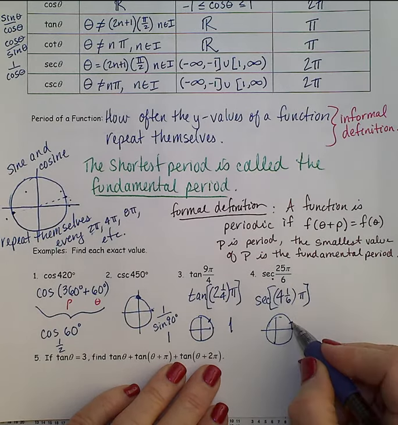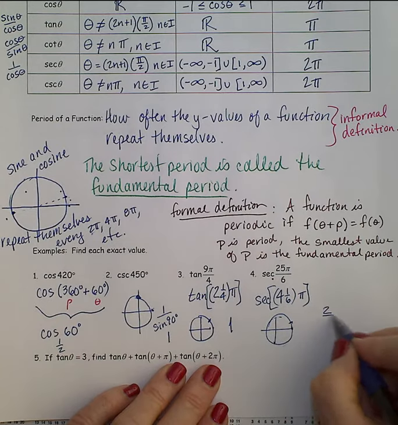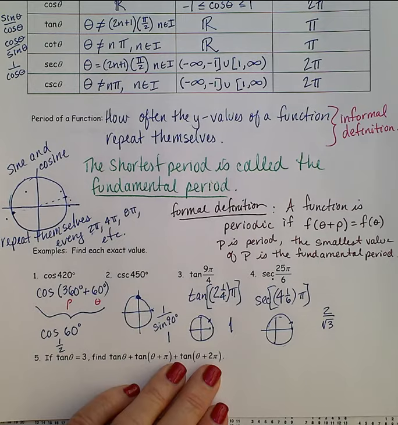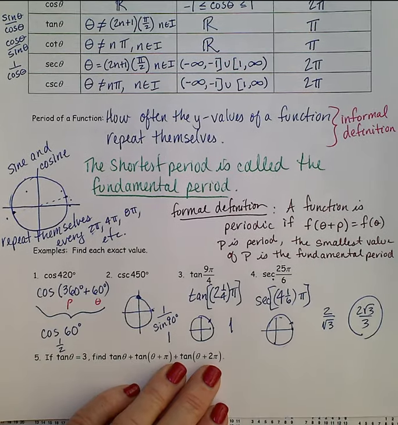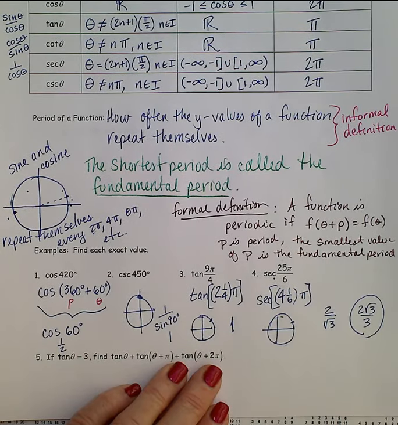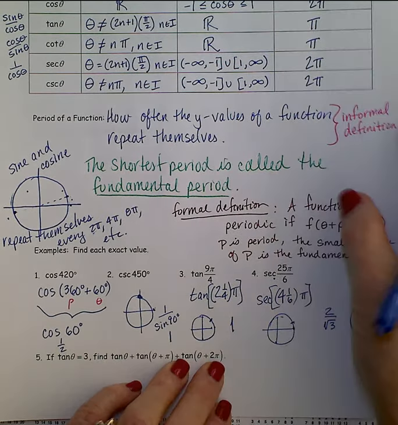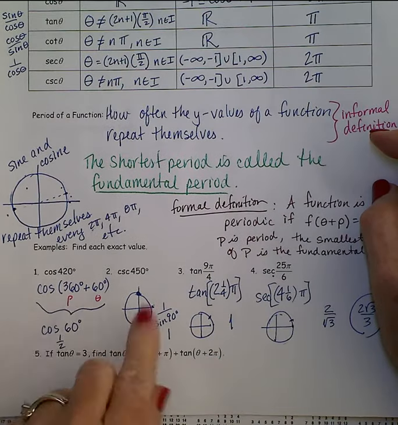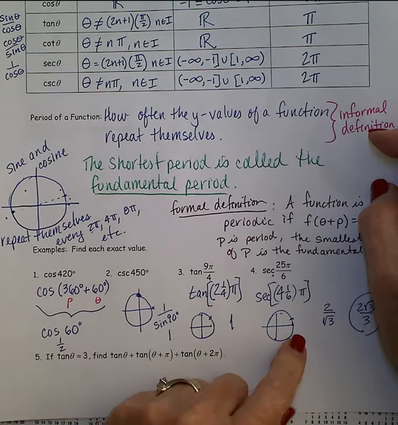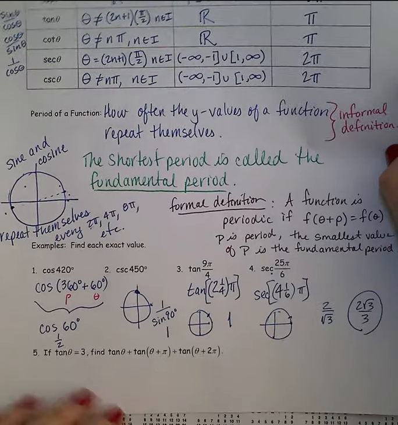Cosine here is square root 3 over 2. So 2 divided by the square root of 3 is the secant. Let's rationalize that: 2 square root 3 over 3. So again, here's how you can write it out using the period, or you can just continue to wrap as we've been doing over the past several days.